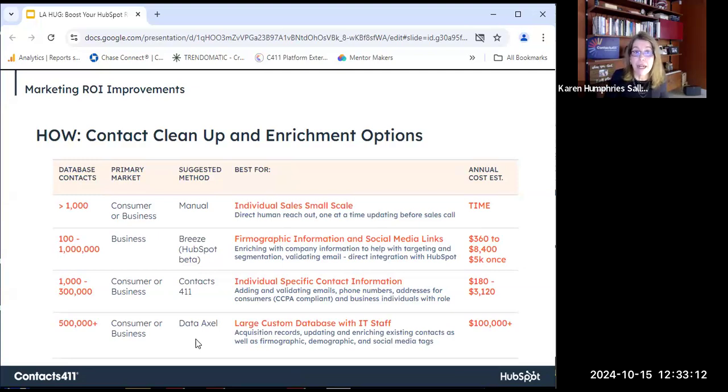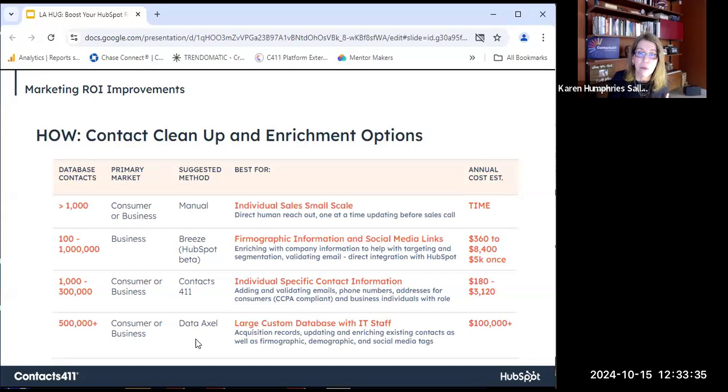Breeze, which is in beta with HubSpot, which is a really cool thing and really, really awesome for segmentation, actually. If you're selling to businesses, they give very cool firmographic information and social media links. So it'll enrich the company information that you have where someone works to help you with targeting.